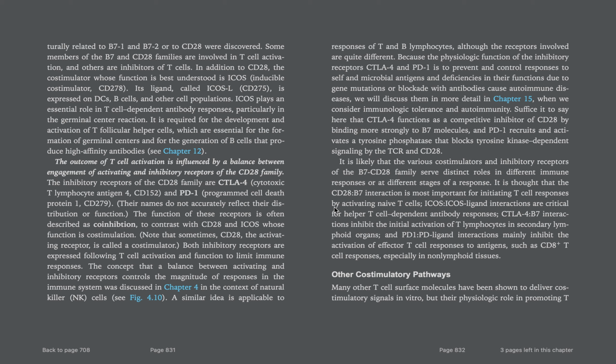It is required for the development and activation of T follicular helper cells, which are essential for formation of germinal centers and for the generation of B cells that produce high-affinity antibodies.